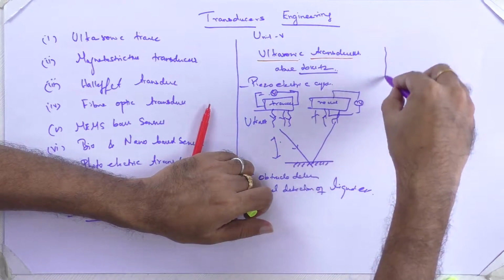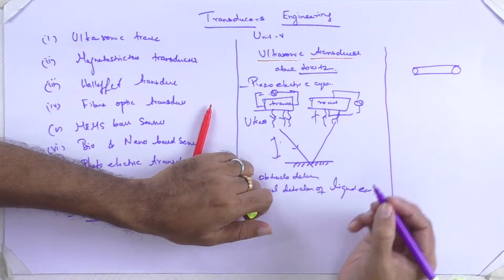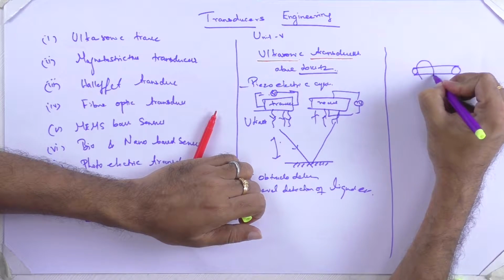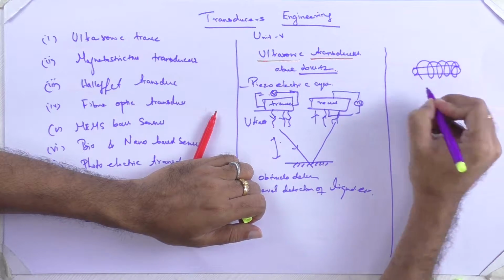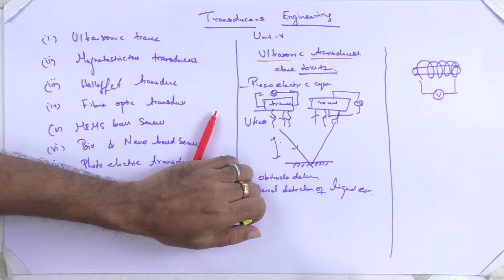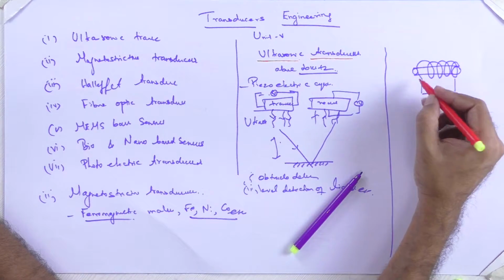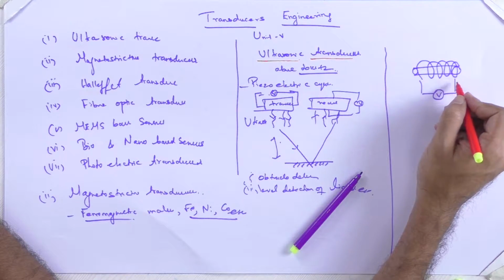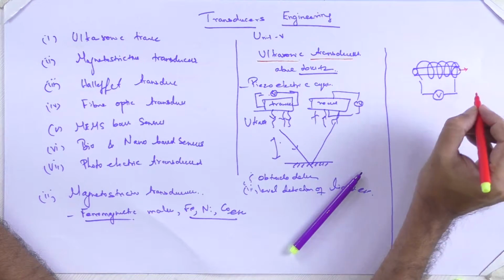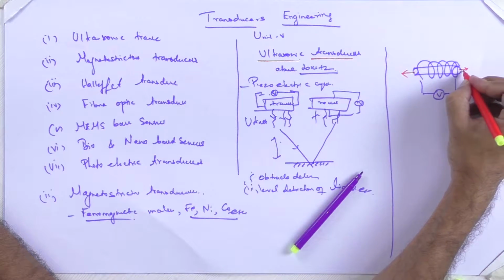In this magnetostrictive material, see here, we have a core of the magnetostrictive material, and over that a coil is wound, which acts like an electromagnet. When a magnetic field is produced over the magnetostrictive material, there will be a force produced.